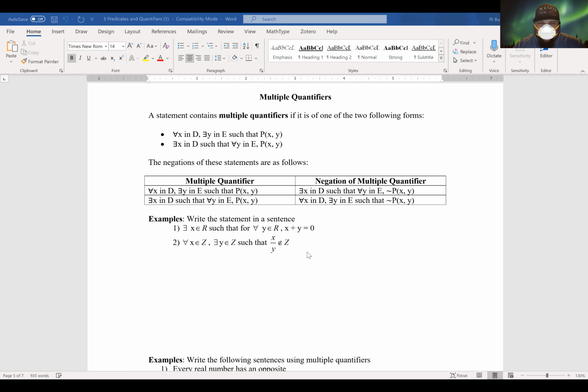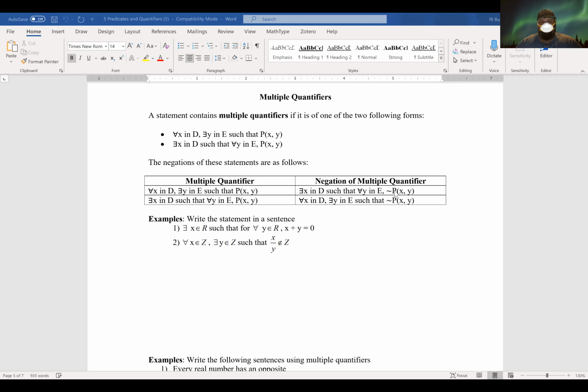Then when we negate them, it's actually very straightforward. Any for all turns into existential. And then we get such that, then we take the existential, or there exists, it becomes the universal, and we also negate whatever the final part of the statement is.